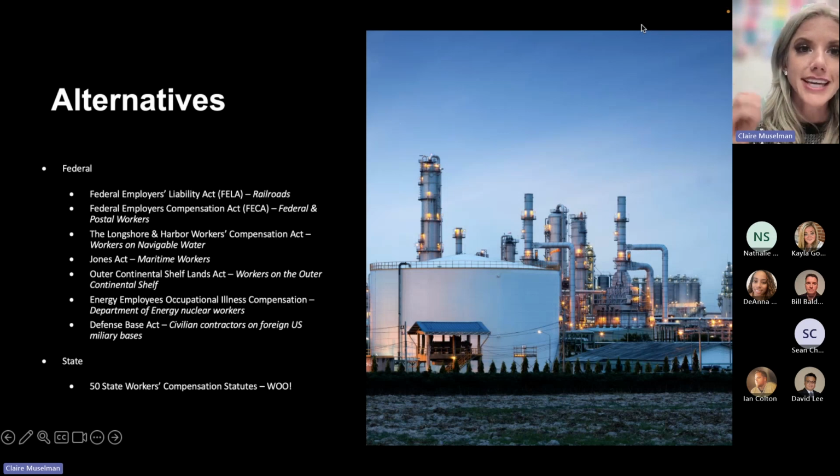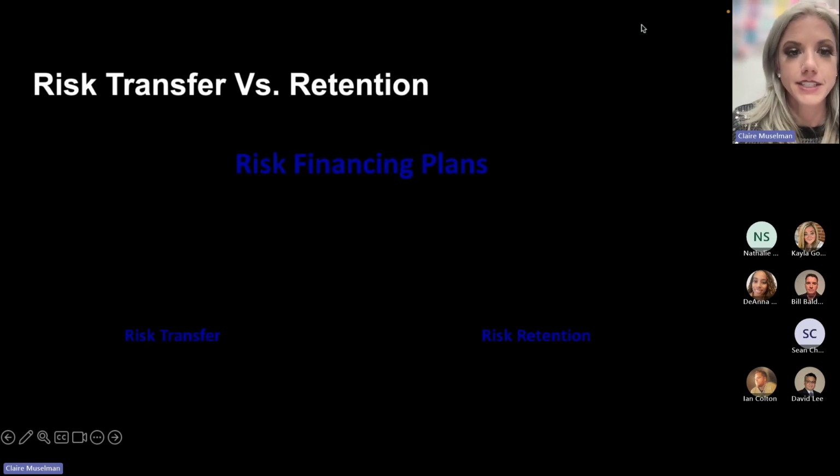And of course, each state has its own work comp statutes that we get to follow per state. So fun. So at the federal level, there are other alternatives outside of what we've just talked about, and then there are also state rules with specific laws for each organization within the operating 50 states.